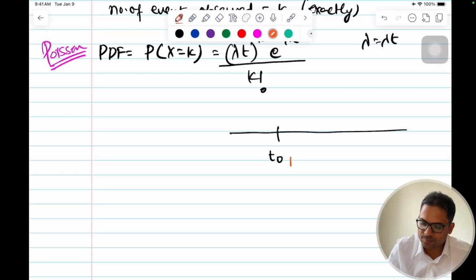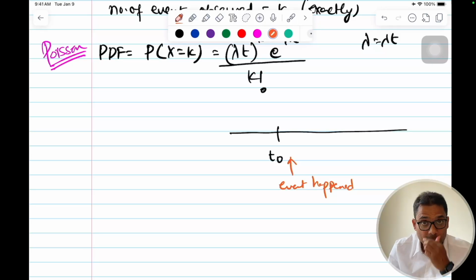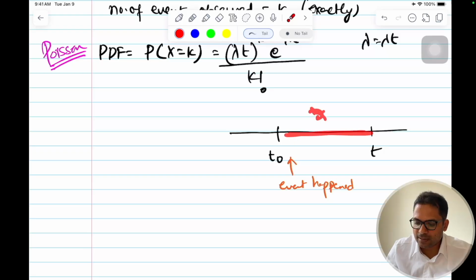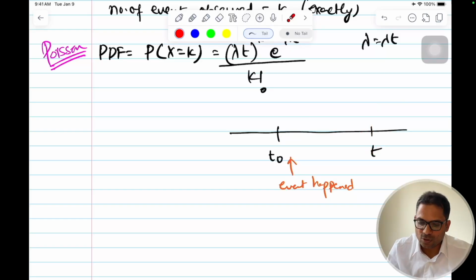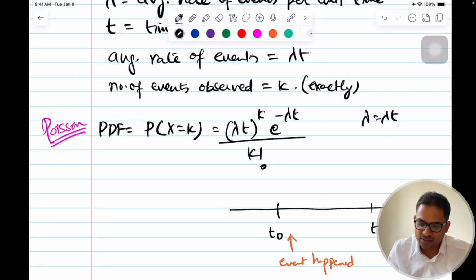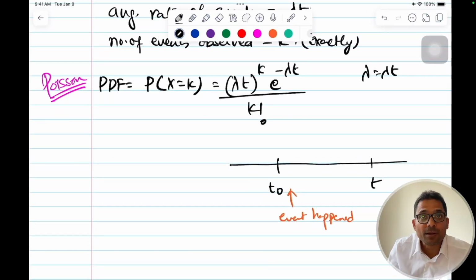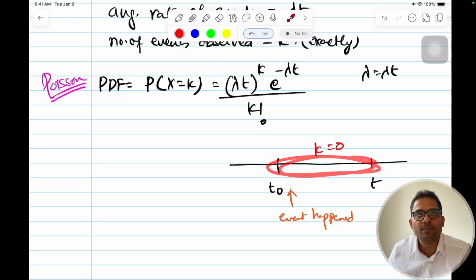Then for the next event, we want to find out whether in this time, x greater than t, any event happened or not. So if the number of events observed in this time period is 0, if k is equal to 0, it means I have not observed any event in this waiting time.